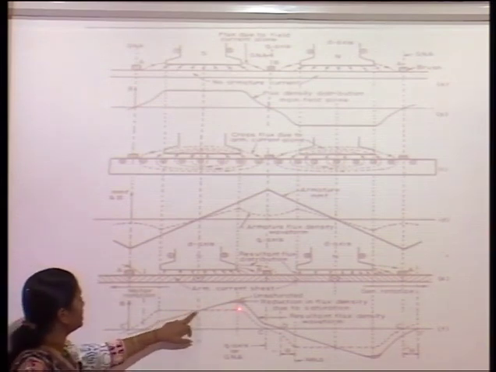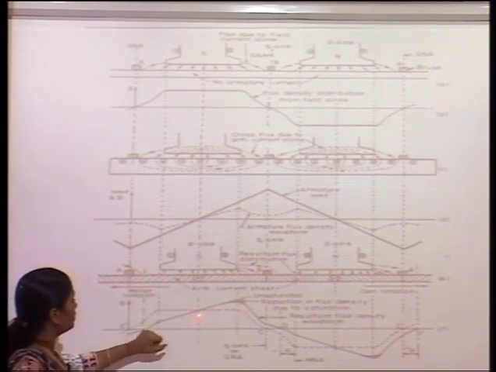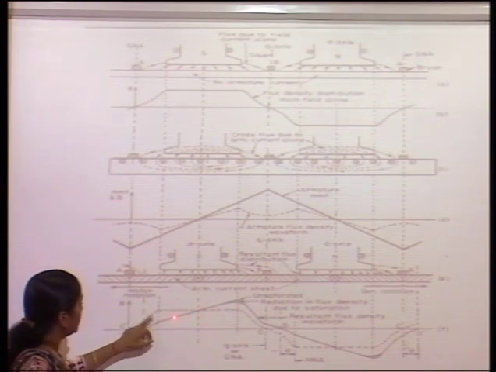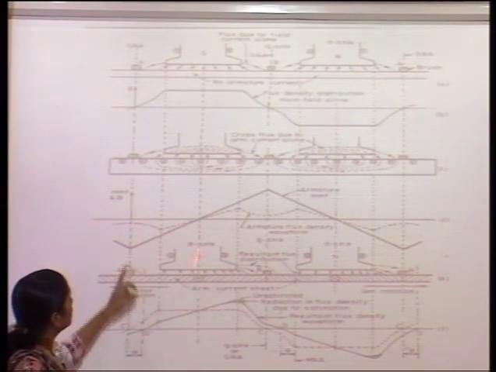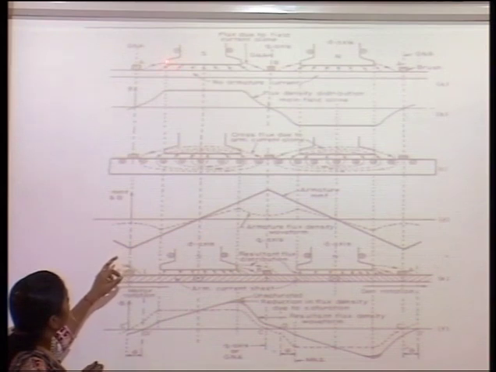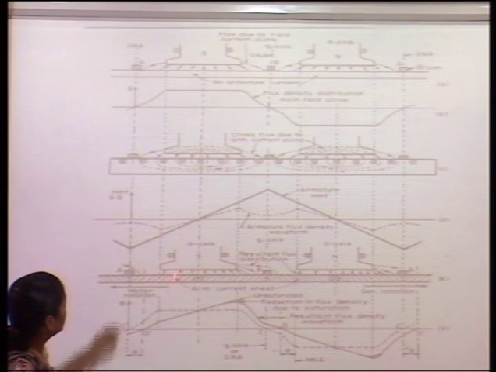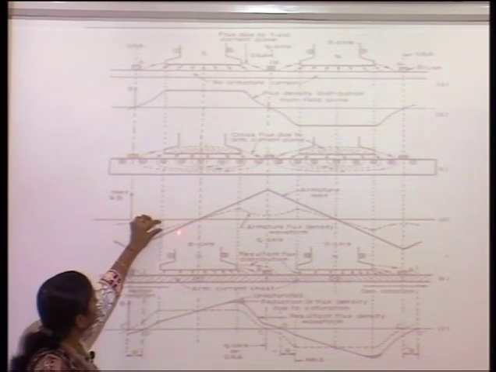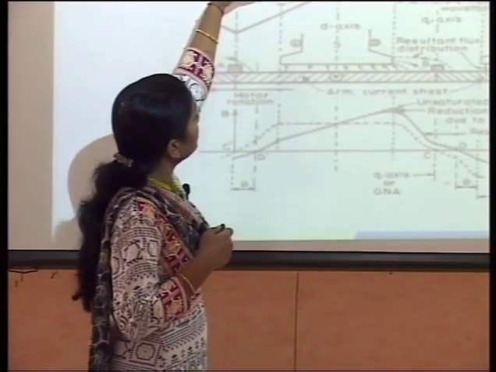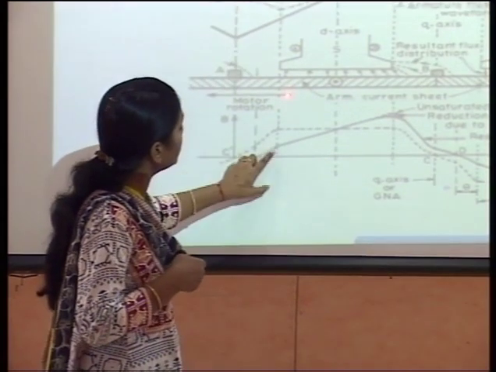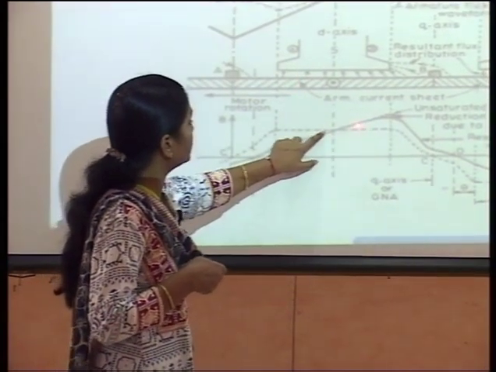Now, if I look under the pole, then in the first half of the pole, that is in this half, from this point to this point, the armature flux is opposite to the field flux. So, the resultant flux will be less than the field flux.